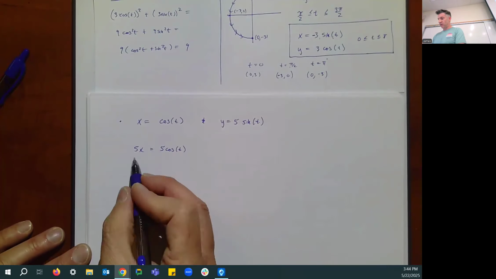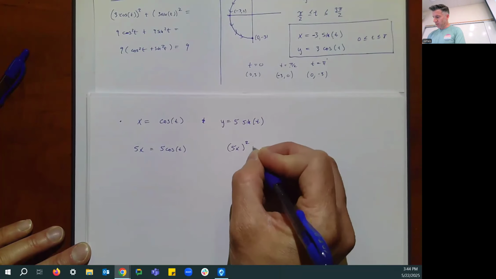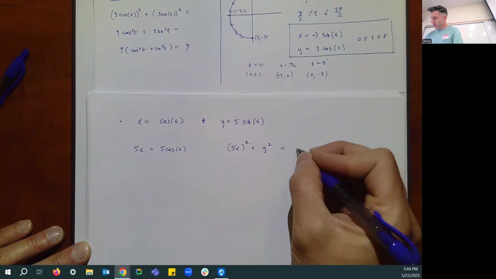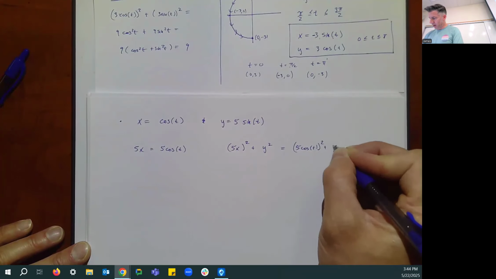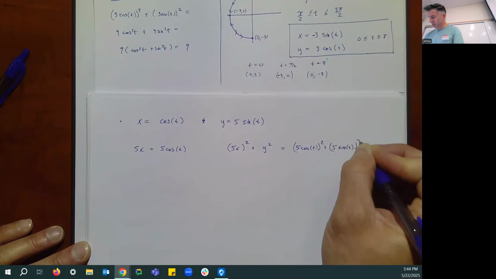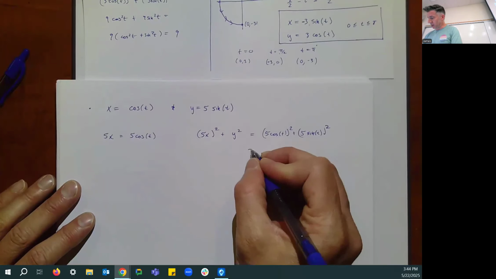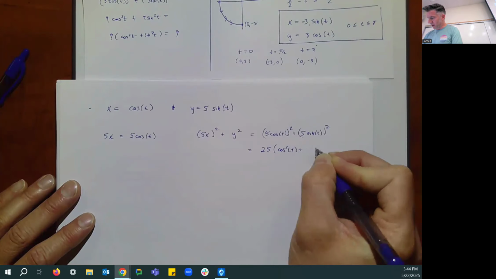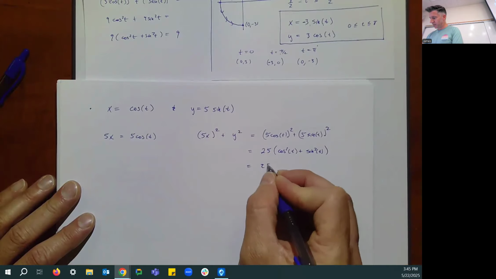Then if I square this and square this, (5x) squared plus y squared equals 25 cosine squared plus 25 sine squared. I factor out the 25 and I just get 25.